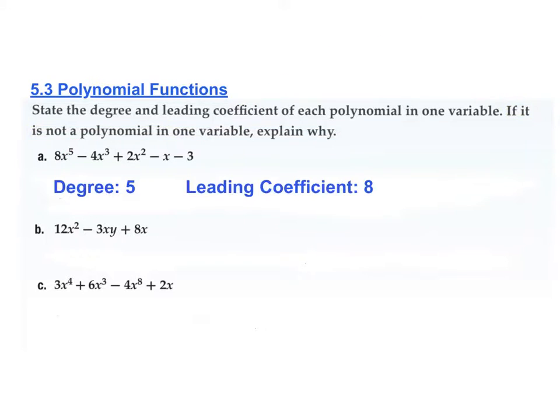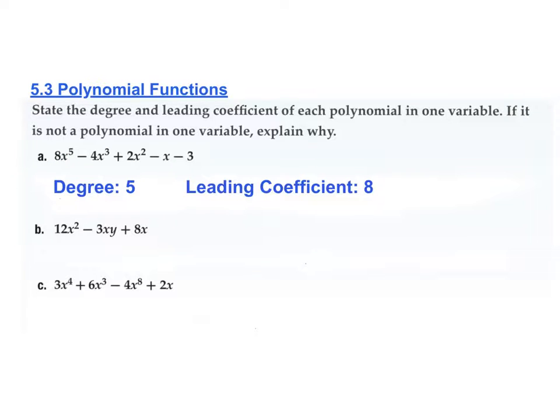So the degree is 5, because that's the highest power on the variable, and the leading coefficient is 8 because that's the one that goes with that term. Questions on that? In this case, it is actually leading. It's in the front, because that highest power comes first.